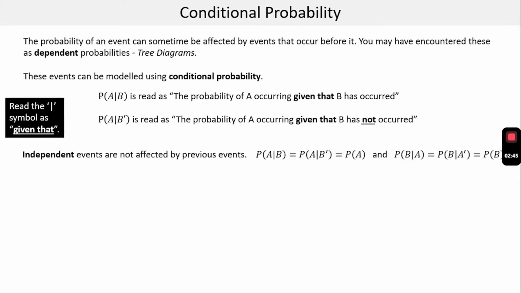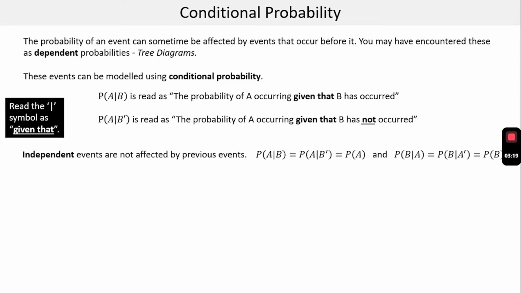We've previously looked at independent events. These are events that are not affected by another event happening. Our original test of independence showed that 2 events could be proven independent if the probability of A multiplied by the probability of B equaled the intersection of A and B. Now, similarly, we can test for independence if any of these statements hold true.